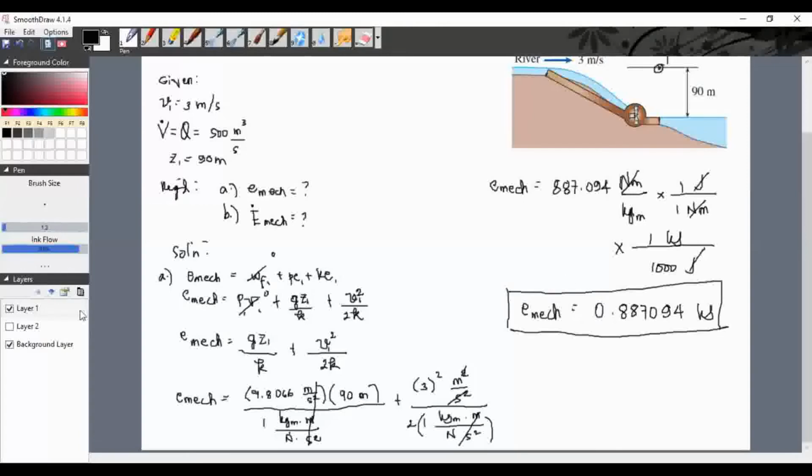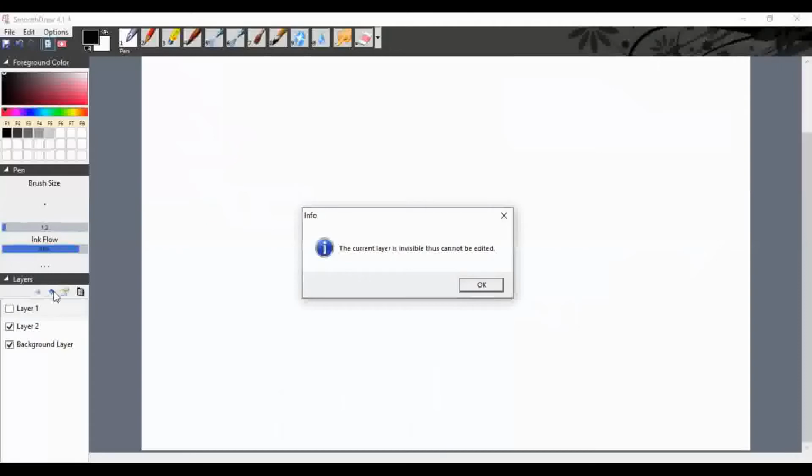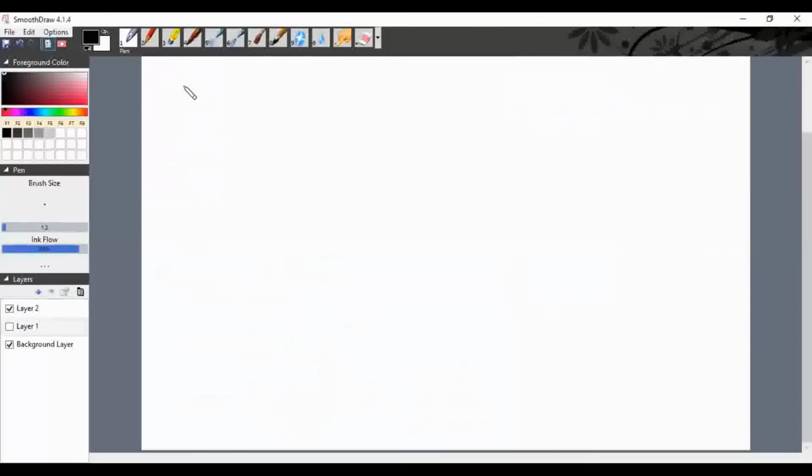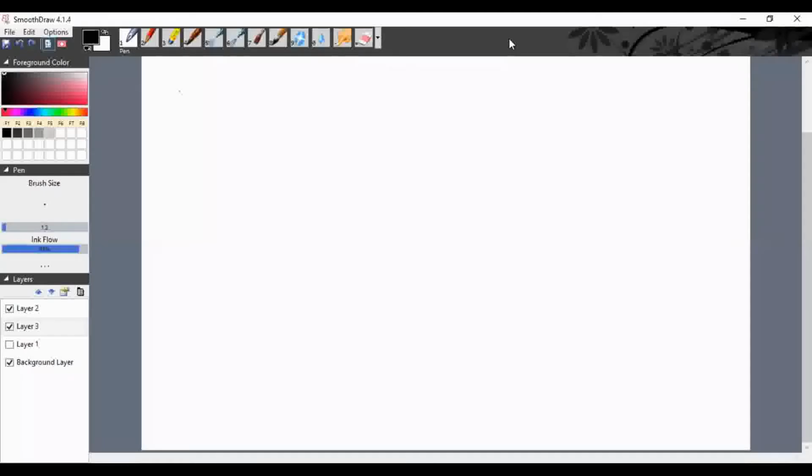Now, for letter B, we're looking for the potential power generated, no?